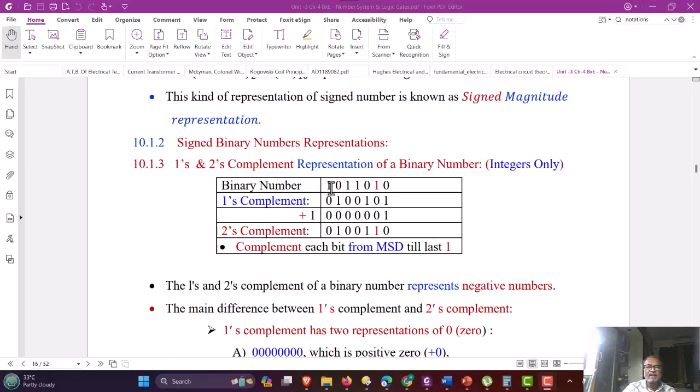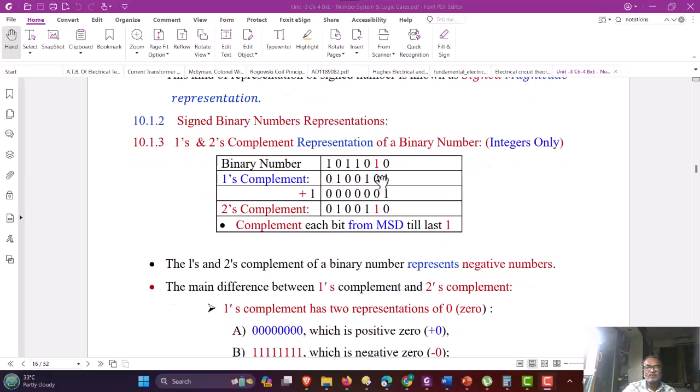Like here, the binary number given is 1011010. We start from bit B0, which is 0. If we take the ones complement, we complement each bit of the number. So 0 becomes 1, 1 becomes 0, again 0 becomes 1, and so on. Complementing each bit position to its opposite state gives you the ones complement. If you add 1 to that, it is converted to twos complement.